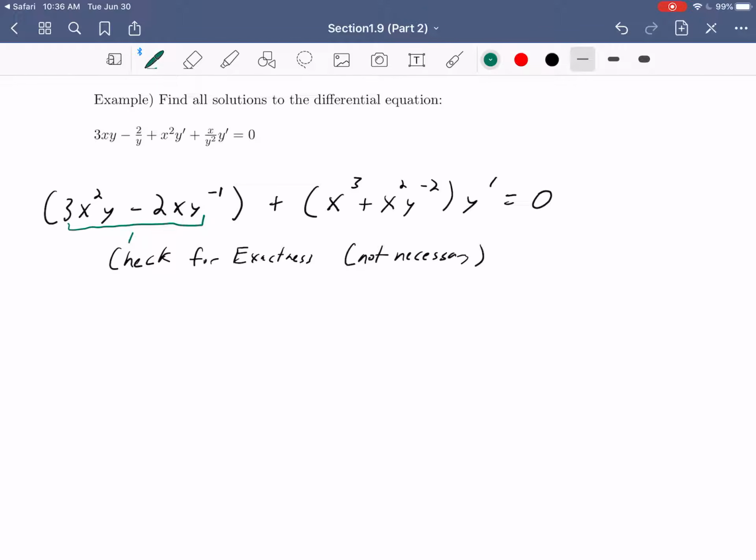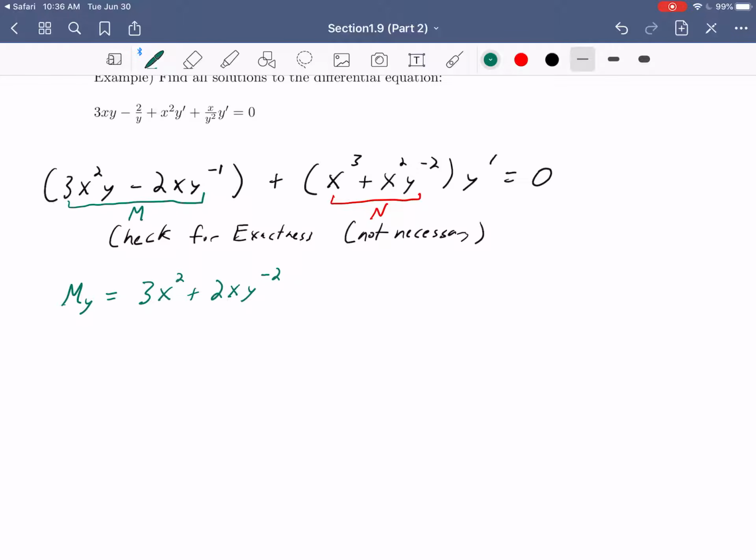So this is now our new m, and this is now our new n. And we can see that my is going to be 3x squared plus 2xy to the minus 2. And our nx here is going to be 3x squared plus 2xy to the minus 2. And notice that now it is exact.